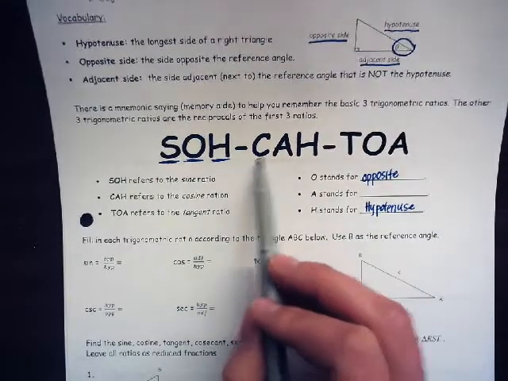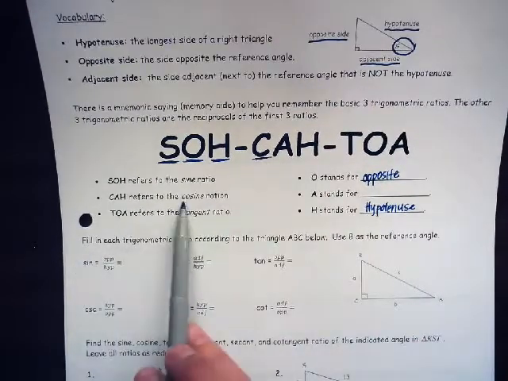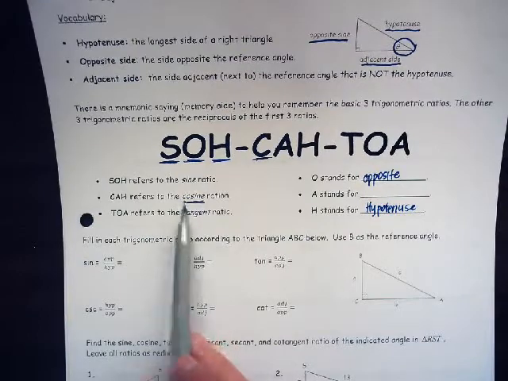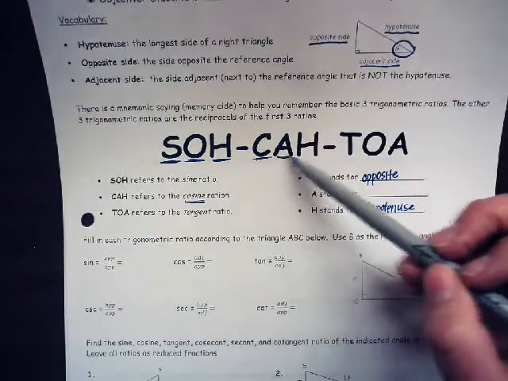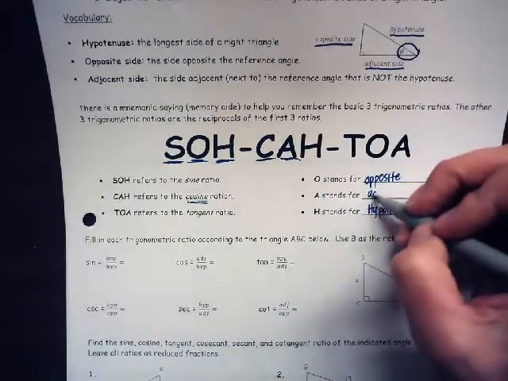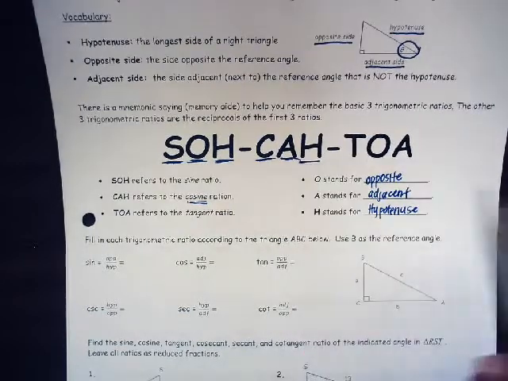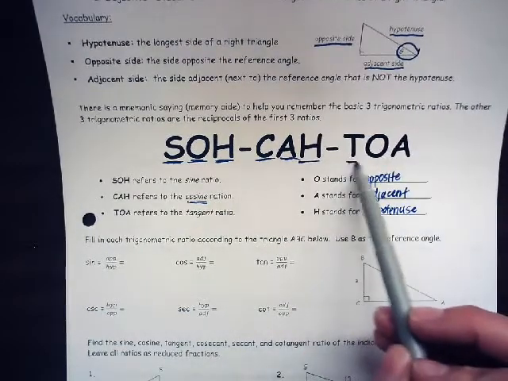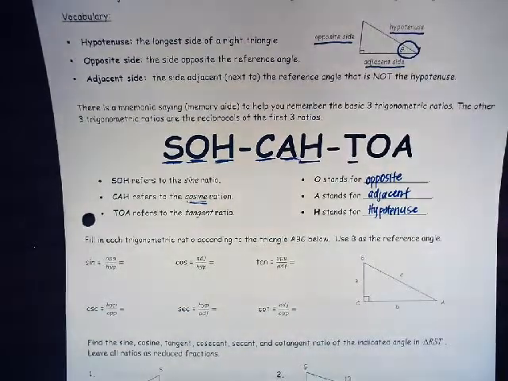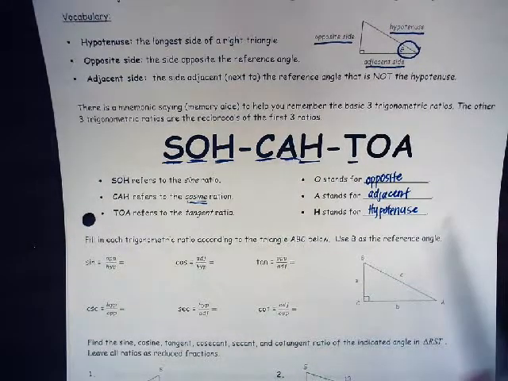And then we have C. That stands for cosine right here. And then A stands for adjacent. H again stands for hypotenuse. T stands for the tangent ratio. O is opposite. A is adjacent.